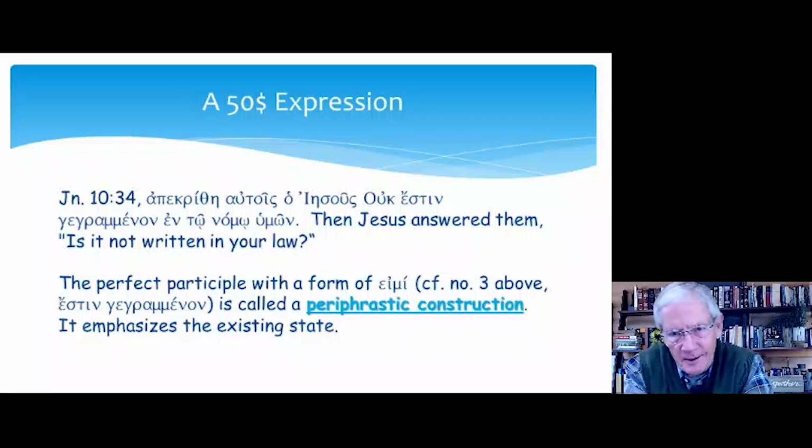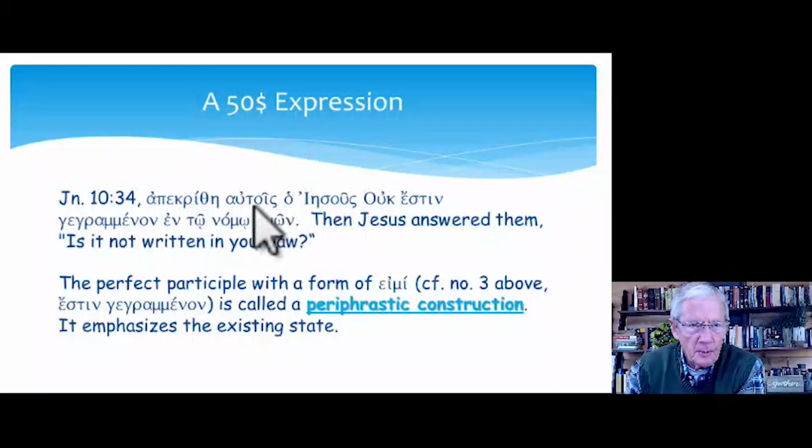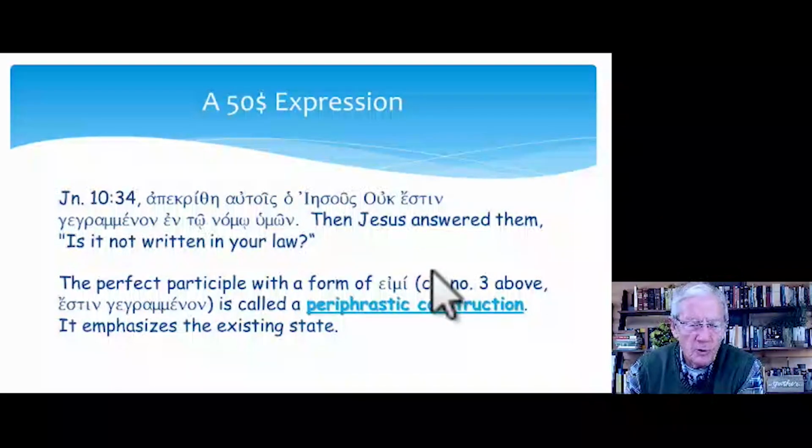All right, a $50 expression. Down at the bottom, you'll see periphrastic construction. So in John 10:34, Jesus answered them, apekrithē, that's an aorist deponent indicative third singular of the verb apokrinomai.